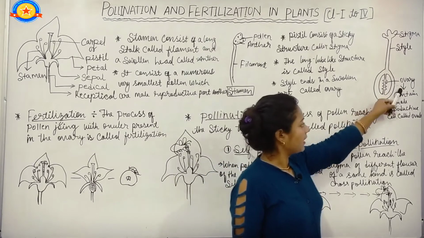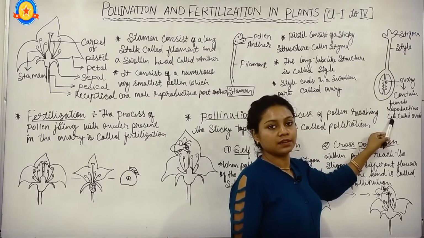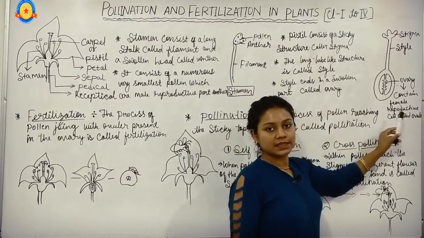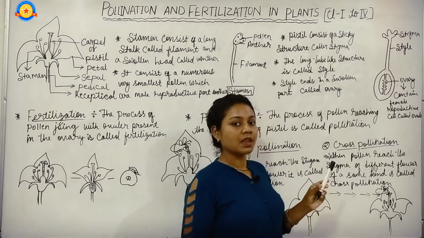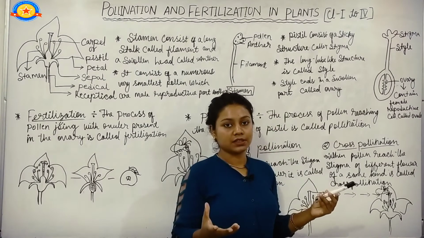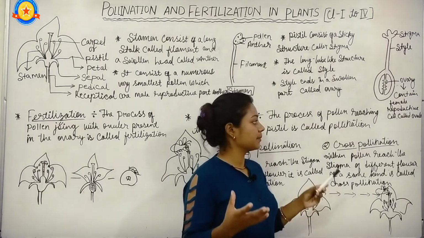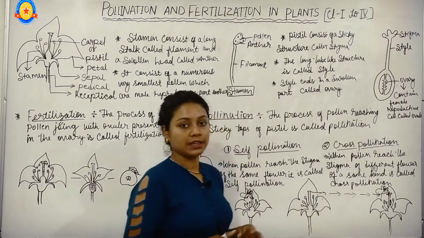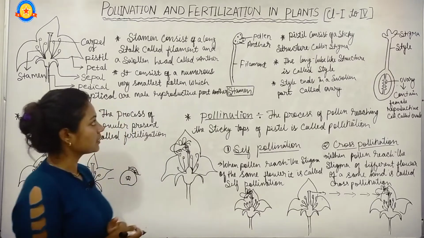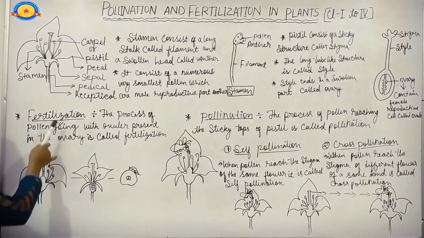The ovary contains the female reproductive cell called the ovule. So this was about the parts of a flower, and now we will talk about fertilization.